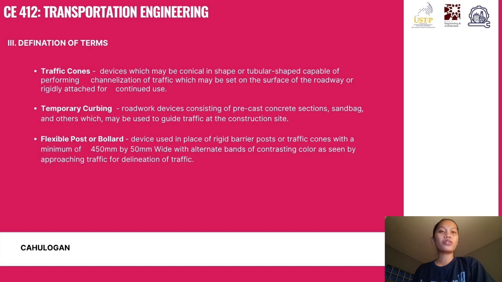Next, we have traffic cones, which we are familiar with and have seen a lot of times on the street. They help direct vehicles and pedestrians safely around construction zones, accidents, and road hazards. Next will be temporary curbing, which is used to guide traffic at the construction site. And lastly, we have flexible posts or bollards, which are used primarily on roadworks to delineate or create a new temporary lane.